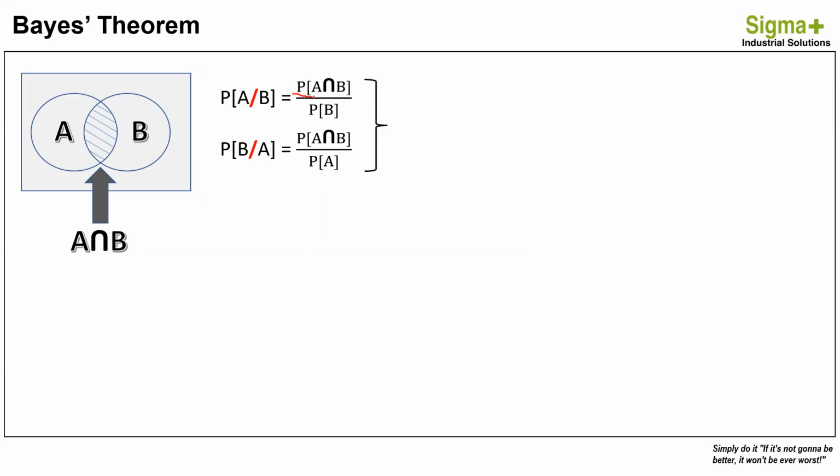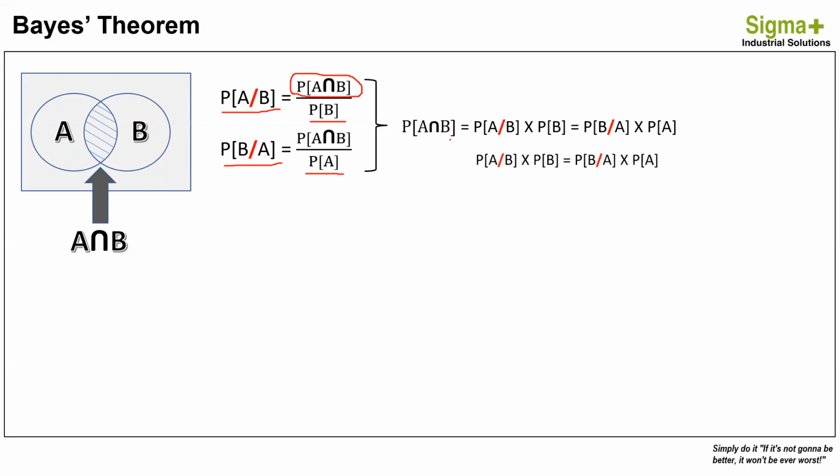So what can I conclude from there? I can conclude the first formula about the intersection, the probability of the intersection between A and B. I can say that the probability of A and B equals the probability of A subjected to B multiplied with the probability of B, or it is also equal to the probability of B subjected to A multiplied with the probability of A. So there is no difference between both scenarios, right?